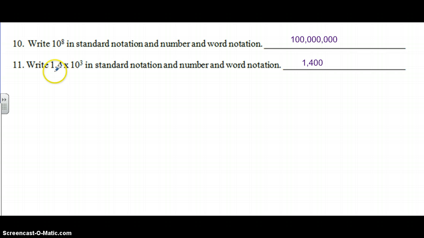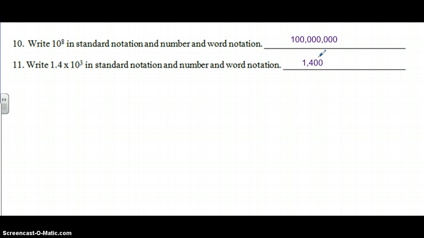In 1 and 4/10 times 10 to the 3rd power for standard notation, if I started with 1.4, it says 10 to the 3rd, so I move it 1, 2, 3, which means actually only adding 2 zeros, since this 4 is going to count as one of those places in 10 to the 3rd power. 10 to the 3rd power is worth 1,000. If you multiplied 1,000 times 1 and 4/10, you would end up with 1,400.